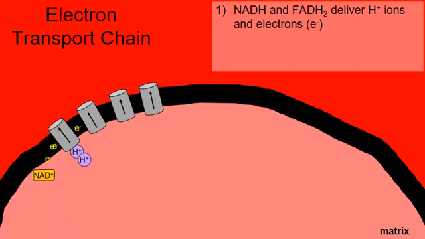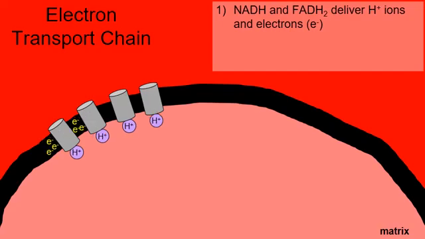Another NADH is broken down, a couple more electrons embed in the inner mitochondrial membrane. Another hydrogen has positioned itself at one of the protein tubes. And here's an FADH2 that's broken down. And what we're seeing is the beginning of the electron transport chain. Those electrons are going to start a chain reaction, which we call the electron transport chain.